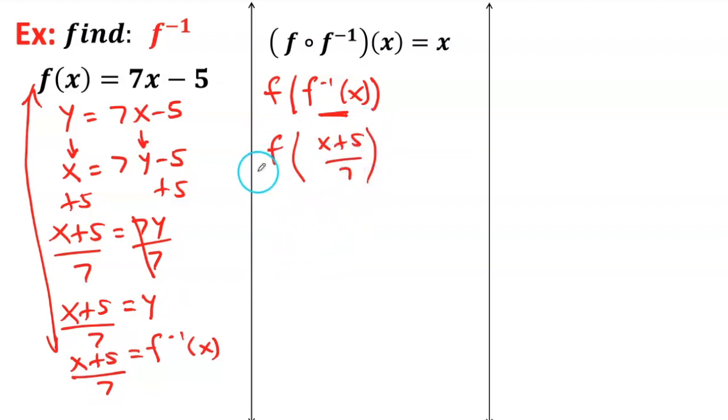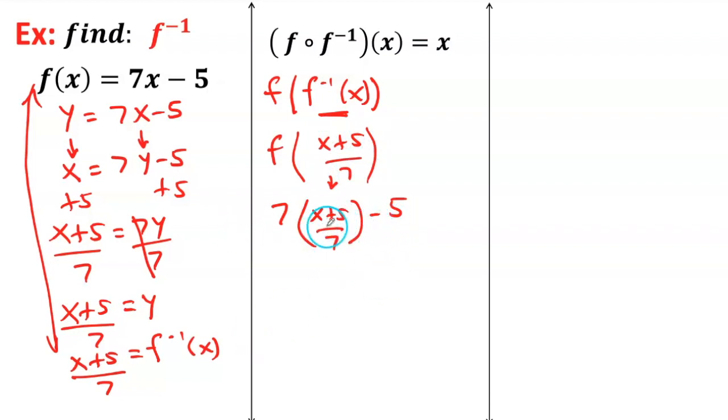And then I replace the outside function, which is f. My f is 7x minus 5. Whatever I see the x here, I put a parenthesis. And then I bring down whatever I have in the previous parenthesis, which is x plus 5 over 7.